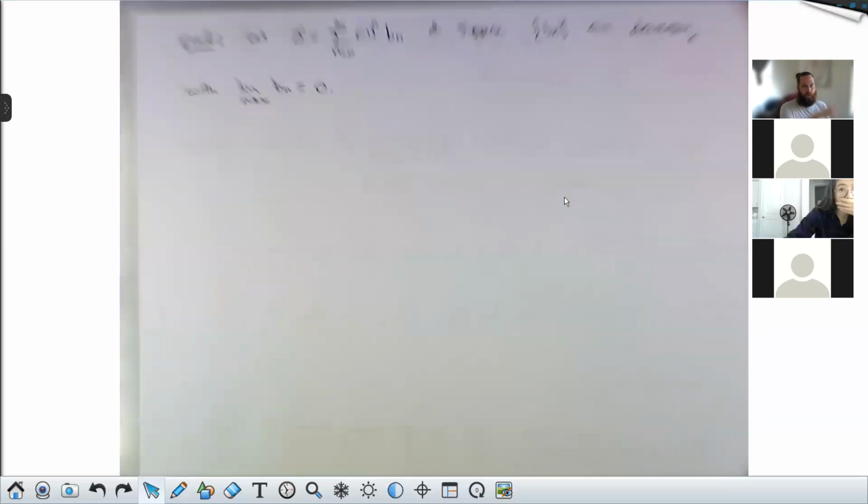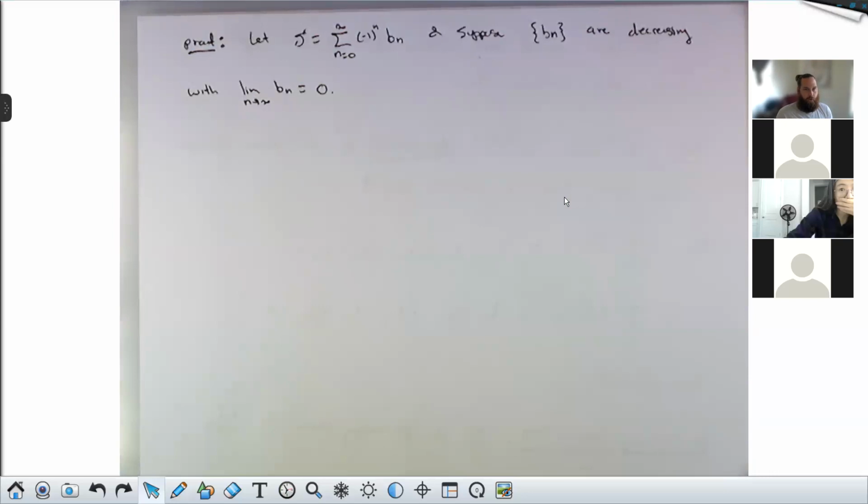So suppose that those two conditions from the alternating series test are satisfied. Then what we want to show is the series converges. Right? If the test is correct, then these two things being true should be enough for us to prove that the series converges.